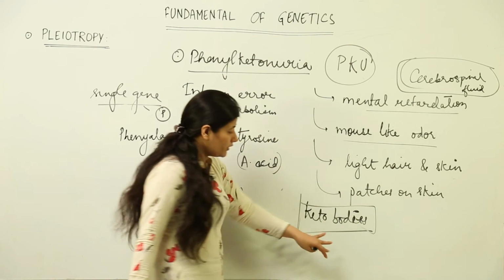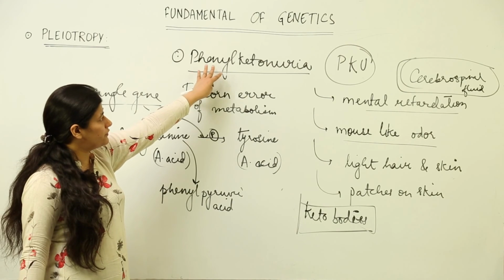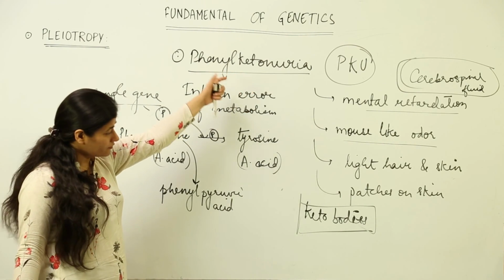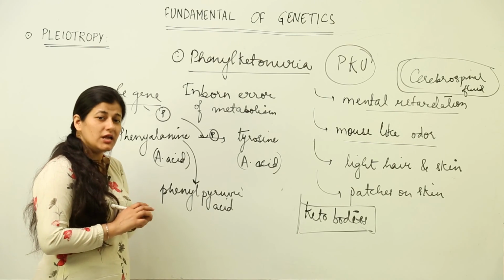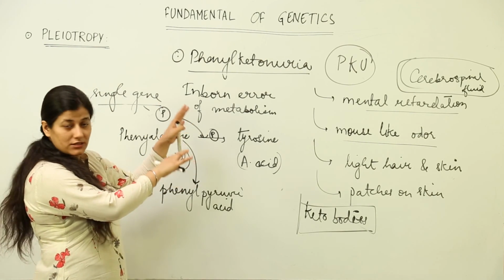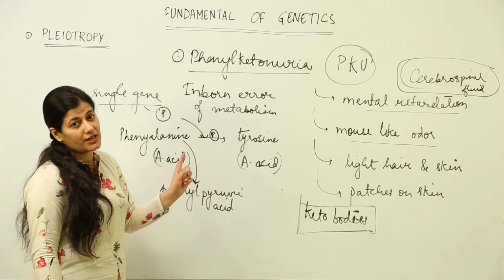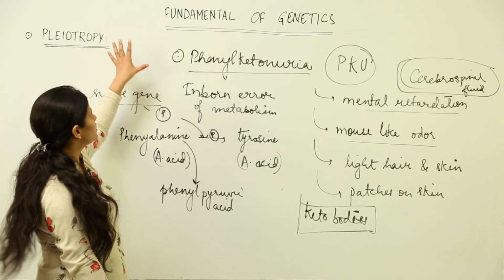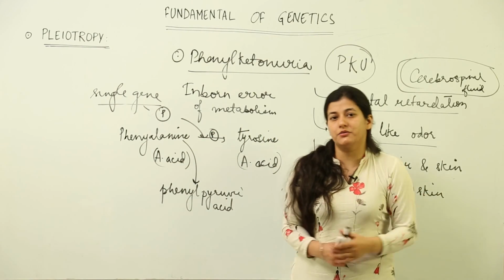Ketone bodies are released in the urine, because of which it is known as phenylketonuria. This is what you have to understand in this disease. I hope that whatever happens in the disease condition you have got an idea, and from this disease you have to take a better idea of what pleiotropy is all about. So this is all about pleiotropy.